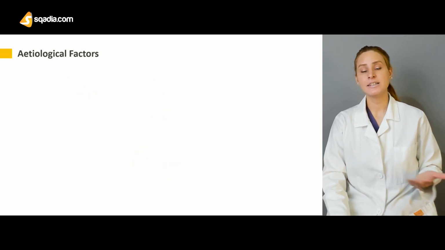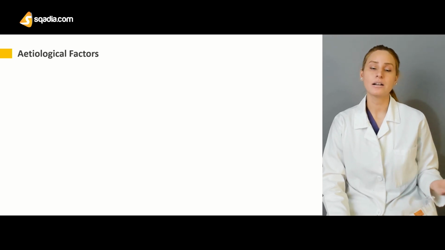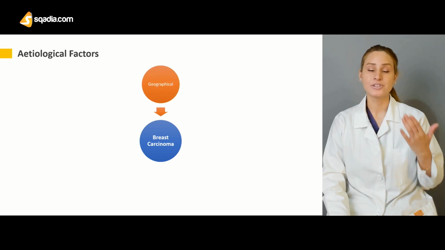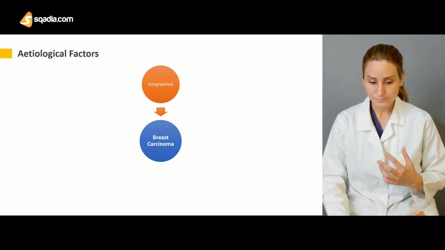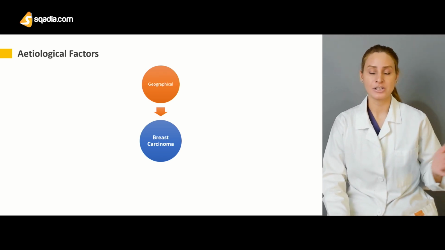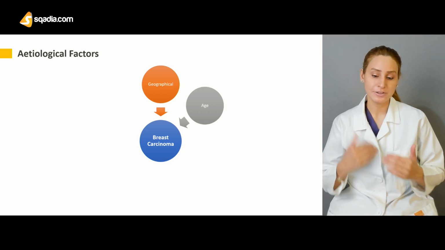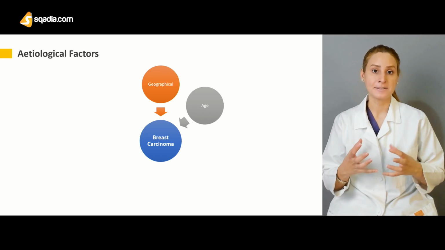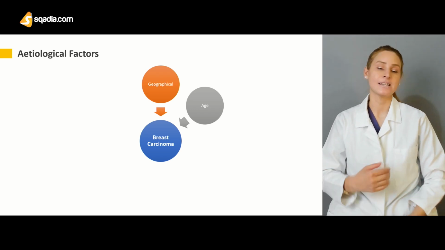Now, when you talk about the etiological factors, they are more important when you talk about the sporadic cases. So geographical region is very important. Moreover, it's common in the African and Asian populations. Then when you talk about age, usually the postmenopausal age, because there is a withdrawal effect of the hormones, and it's again related to the same hormonal changes.